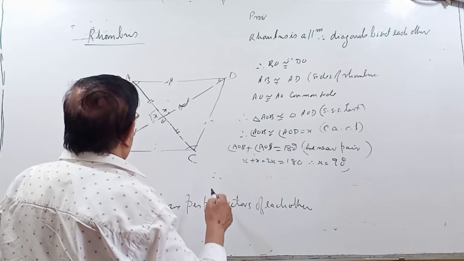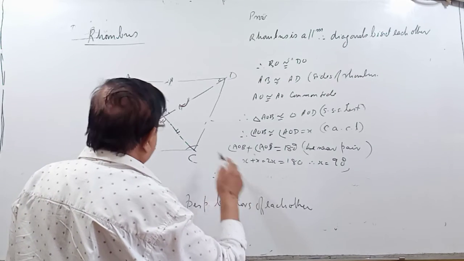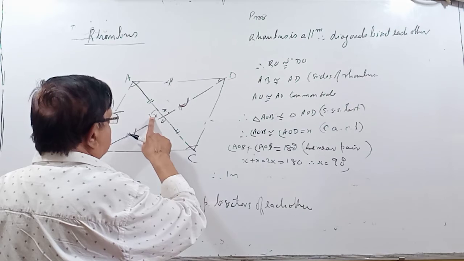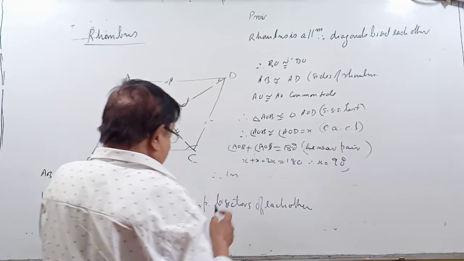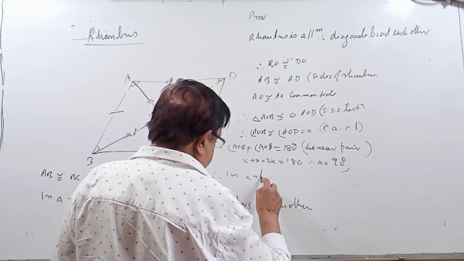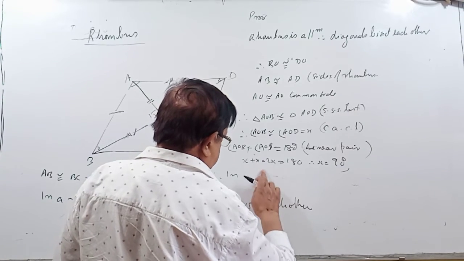Therefore, in a rhombus, this is 90 degrees also, and this is congruent to this.